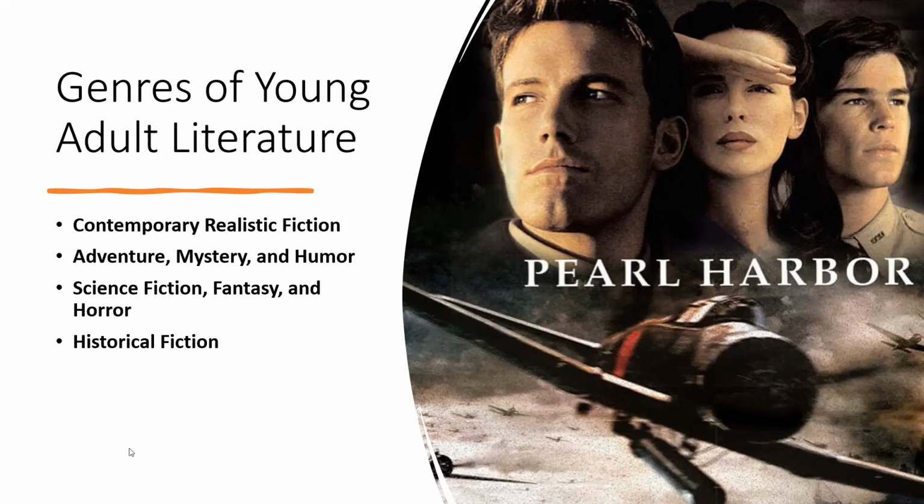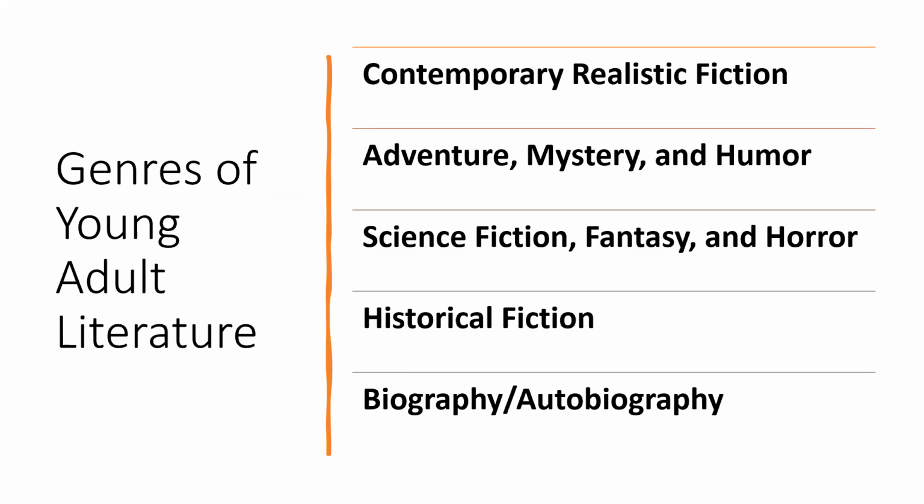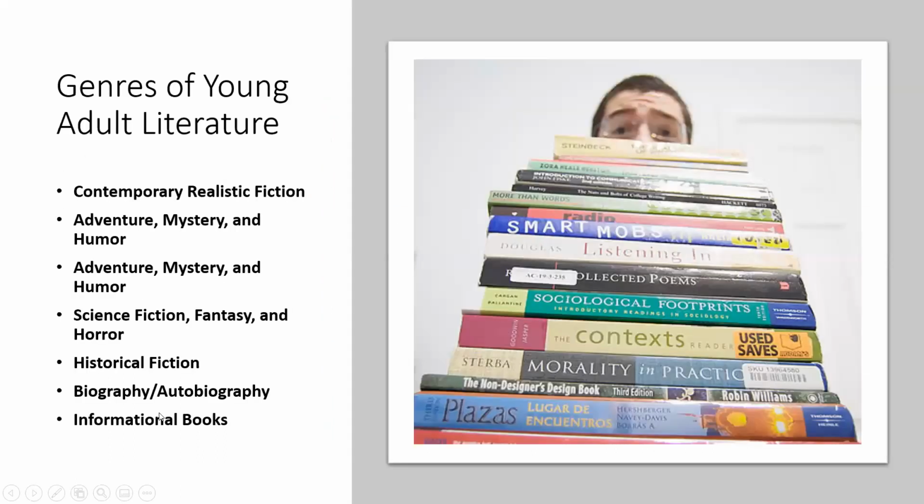Okay, next. So we have different genres of young adult literature: contemporary, adventure, mystery, and humor, science fiction, fantasy, and horror, historical fiction, and we also have biography and autobiography. Next, after autobiography and biography, we also have, just like in children's literature, informational books.